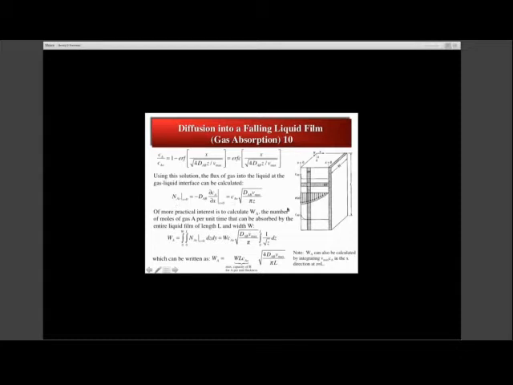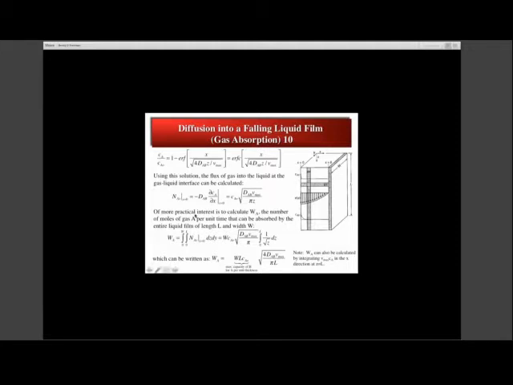And the reason for this is simply that as you go further down this plate, you lengthen the distance over which the concentration goes from Ca0 down to 0. You basically decrease the concentration gradient, and that slows the flux. So the flux is highest at the top and slows towards the bottom of the liquid film.